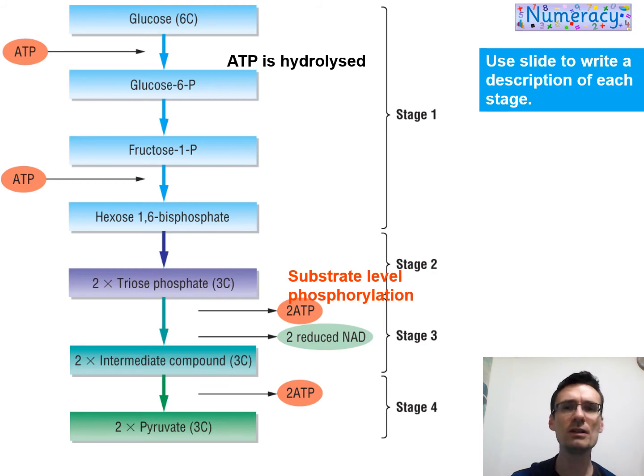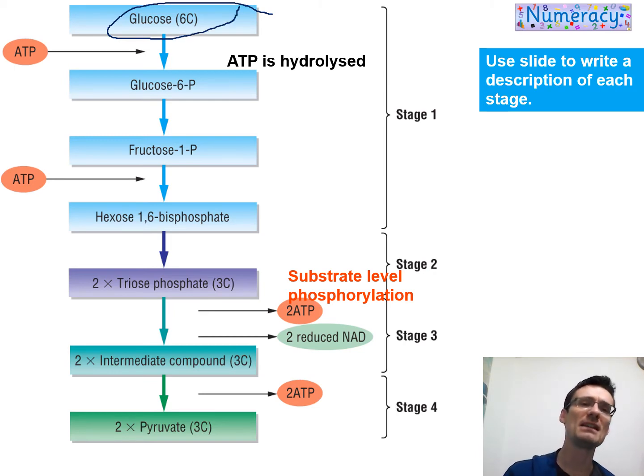So what you start off with in the cytoplasm is your glucose molecule. Now glucose is not very reactive. So when we did ATP last lesson, I said that sometimes things get phosphorylated, and what that means is it makes something more reactive.